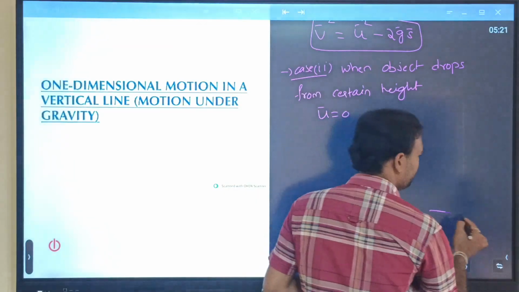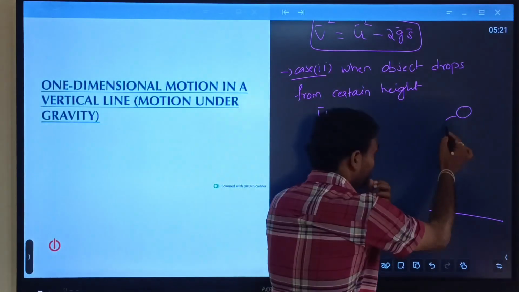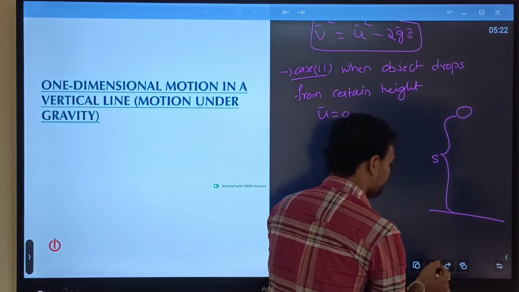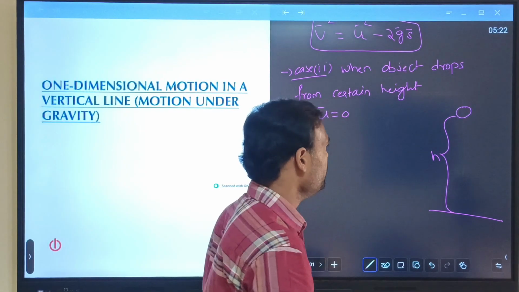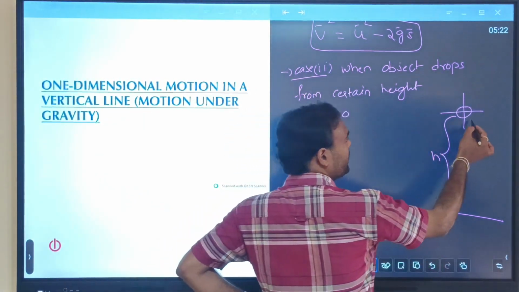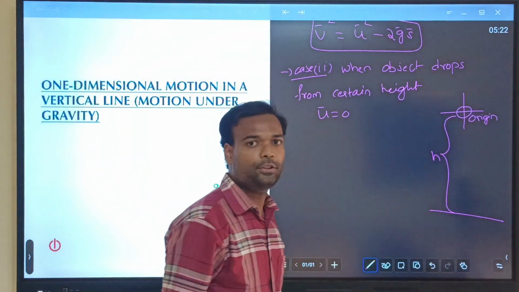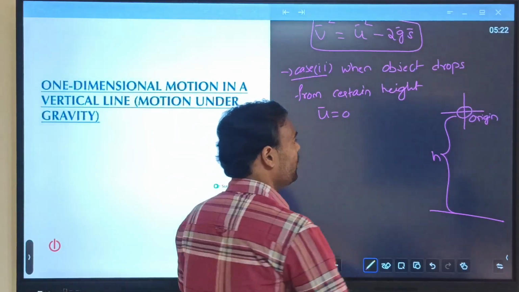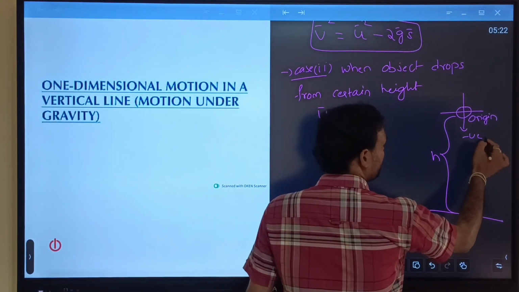Now the condition is the object is initially at a certain height. To avoid confusion, let us keep it as h. Now the object starts its journey from this point, so I have to consider this point as origin, and the downward direction I consider as negative, right?